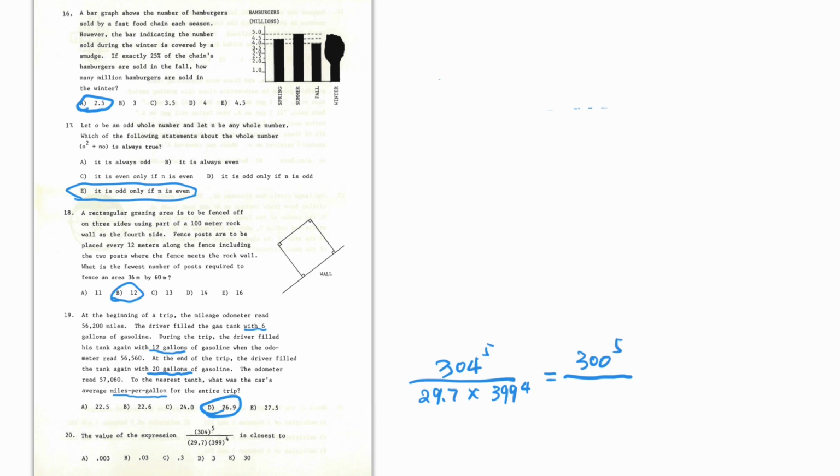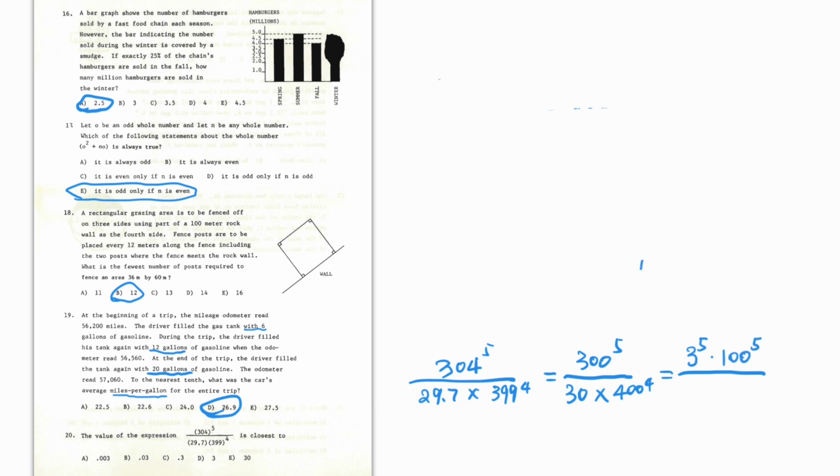300 to the power 4, and 30 times, that's the 399, we round to 400 to the power 4. 300 to the power 5 is equal to 3 to the power 5 times 100 to the power 5.